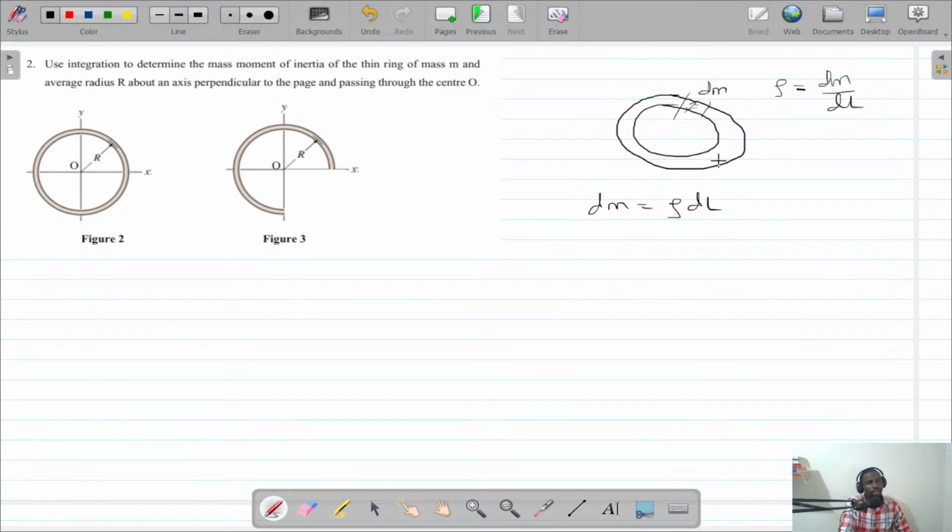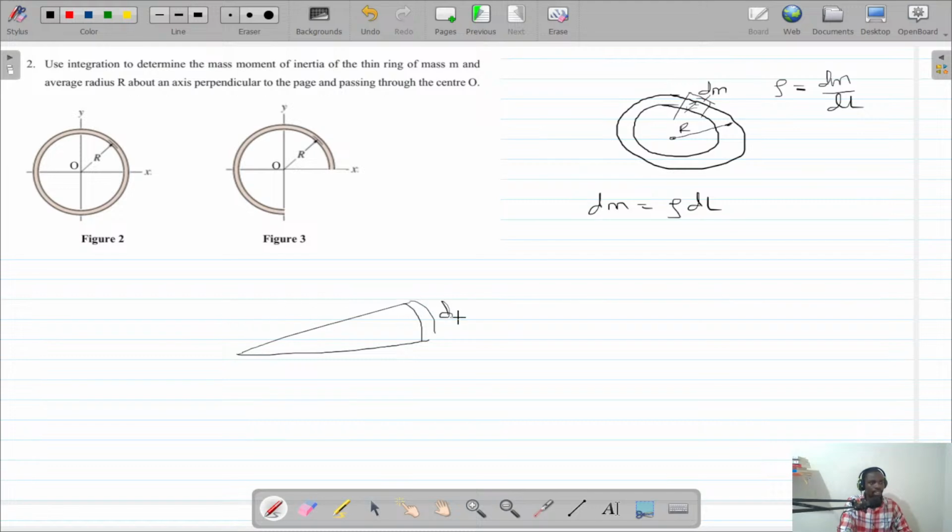Now the distance from here to here is r. dl is just a small distance along the circumference. If I have something like this, it's just this distance dl that I'm looking for.